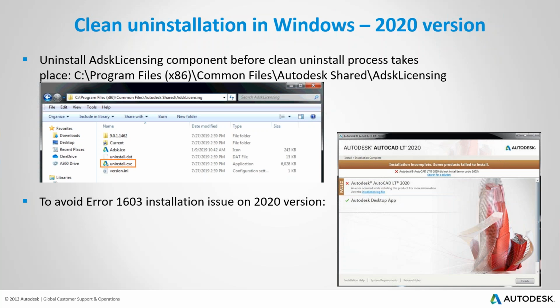Okay, and this needs to be done to avoid common errors like 1603 during the reinstallation process. So some of you might have seen this before. So this is going to be a helpful tip. Just make sure before you proceed with the uninstallation, you uninstall this ADSK licensing component first.